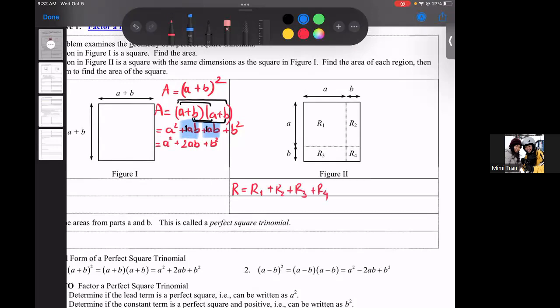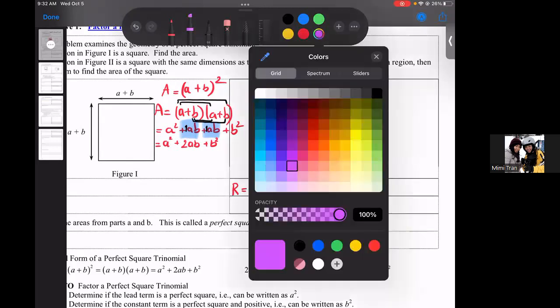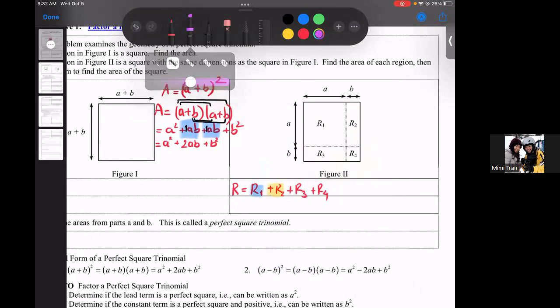I'm going to color this. Can someone tell me what's the area of R1?